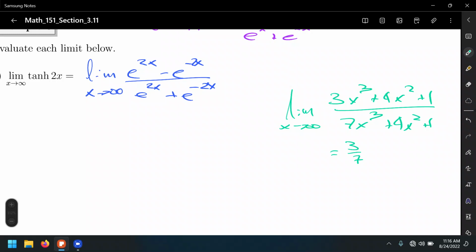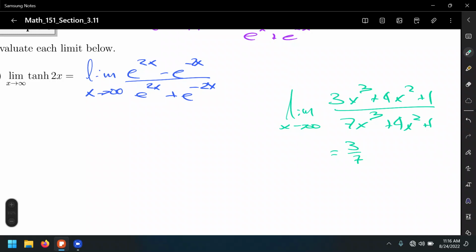Yes, I'm glad you brought that up. So from the shortcut rules, let me mention those 3 shortcut rules. Number 1, whenever you have polynomial over polynomial and the degrees match, like in this case, all you have to do is go with the ratio of the leading coefficients. So that's fine.